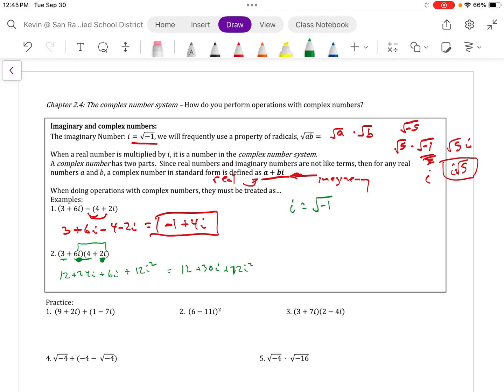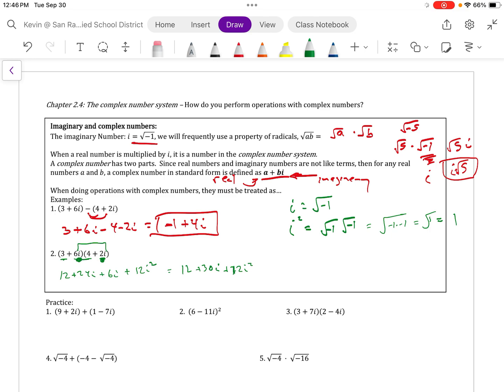Well, if i equals the square root of -1, and we take i and square it, that would be the square root of -1 times the square root of -1. That would be the square root of -1 times -1, which would be the square root of 1, which would be 1.